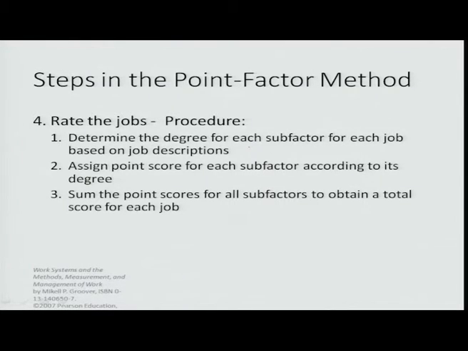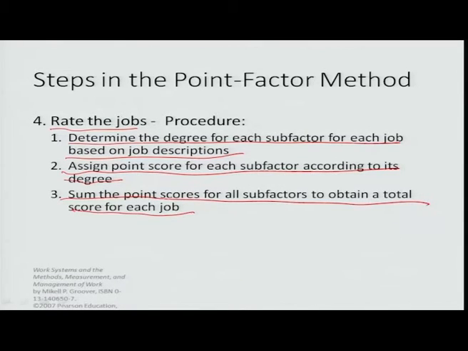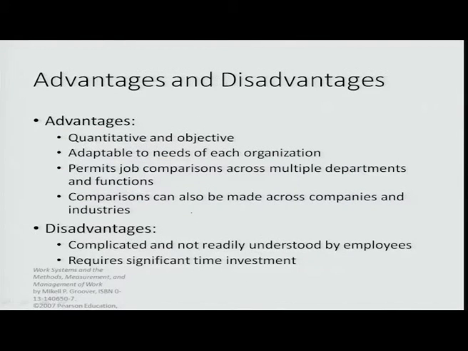So the steps in the point factor method, therefore, on how to rate the jobs: determine the degree for each sub factor for each job based on job descriptions, assign point scores for each sub factor according to its degree, and sum the point scores of all the sub factors to obtain a total score for each job factor. That gives you an idea of how you can rate every job in terms of different degree requirements.